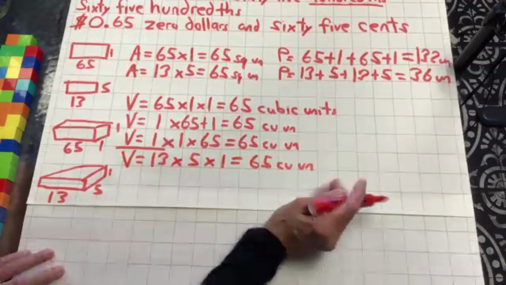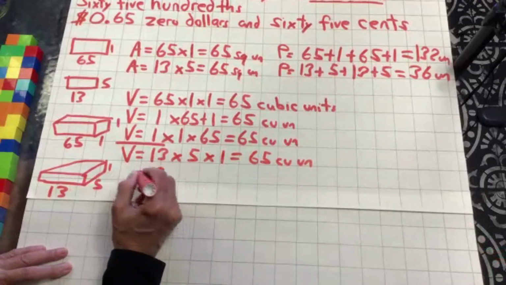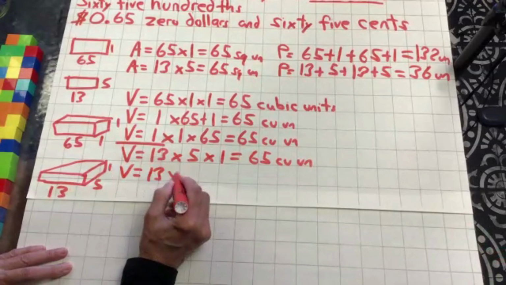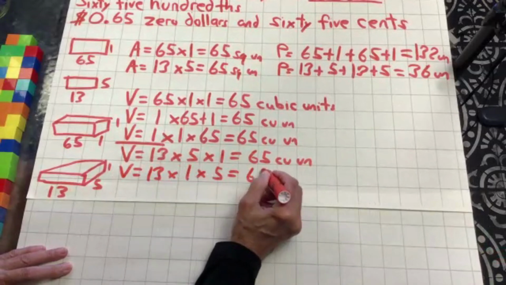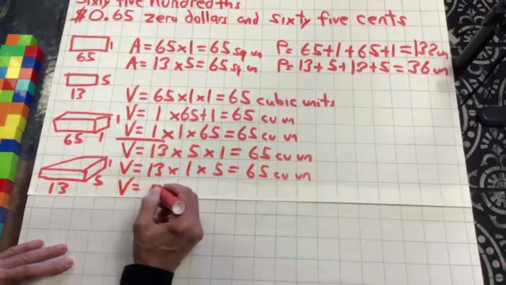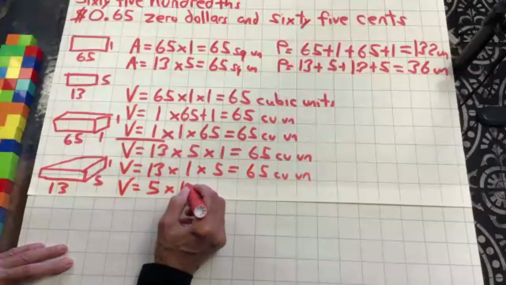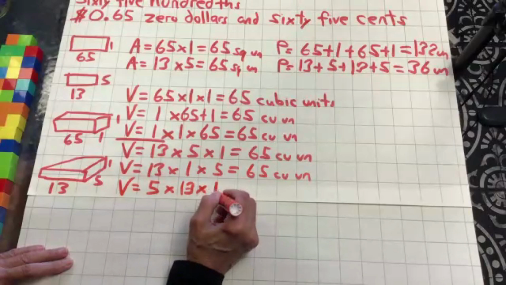And so we're just going to go with this one. So we're going to do 13 again. And we're just going to flip flop these other ones. And then we're going to flip flop it again, putting the 5 first, and that would be 5 by 13 by 1.